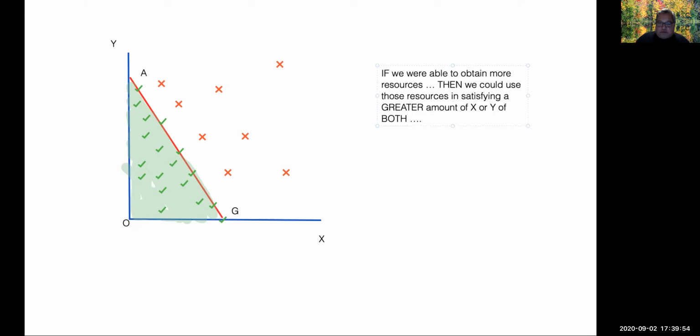So how do we graph more resources? The answer is we do so as an expansion of the red line. We do so as a shift of the PPF, a shift of the production possibilities frontier.